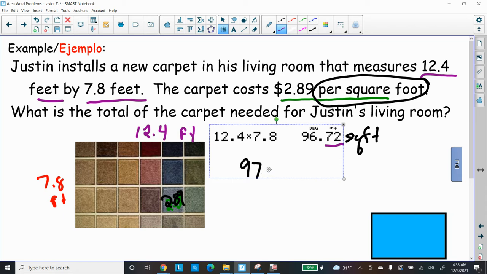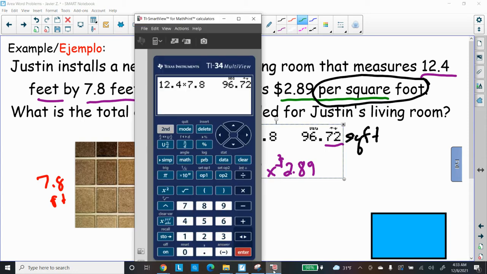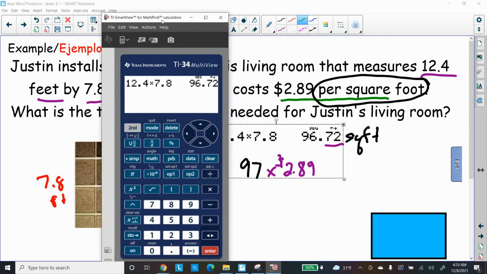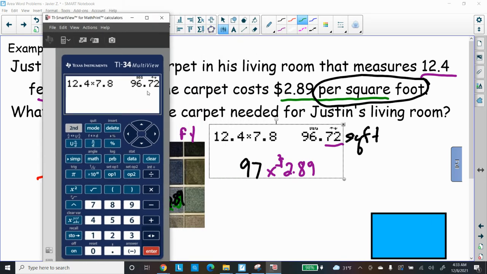And in order to get the total price, we'd have to multiply that by $2.89. And that would give us how much it's going to cost him. So this is usually a typical problem in the state test. So let's get our calculator. I know he needs 96.72. He's going to have a little left over.